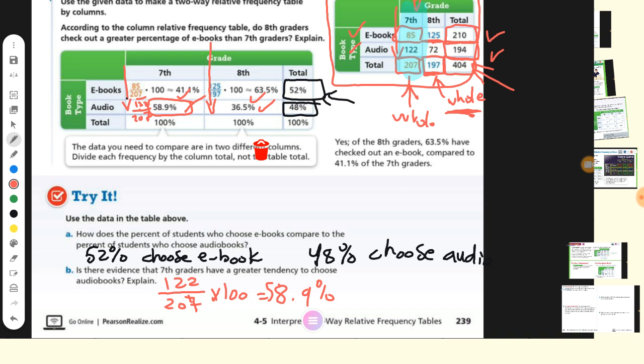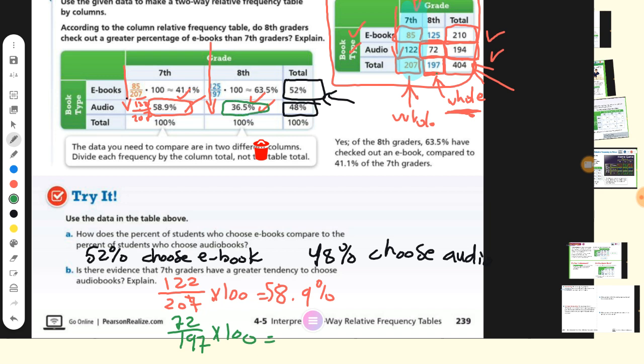Okay, again, what about the others? Actually, I can compare them. I think they are more than grade 8, or no? Is there evidence that 7th graders have a greater tendency? So I need to compare them with grade 8. Let's calculate the number in grade 8 who like the audiobook, which is 72. So 72 over the total, 197, multiplied by 100, will give us how much percentage?